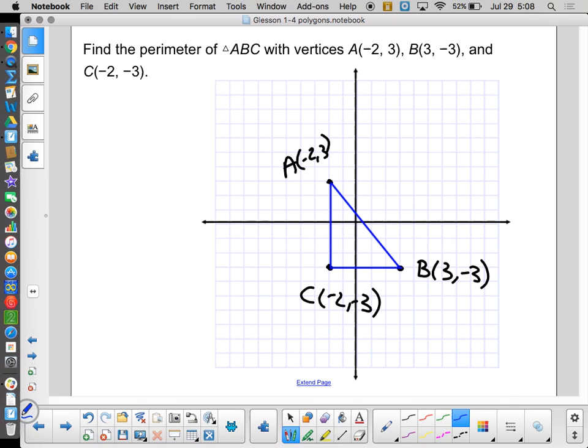So AB is a little trickier, but AC is 1, 2, 3, 4, 5, 6 boxes long. And BC is 1, 2, 3, 4, 5 units long.